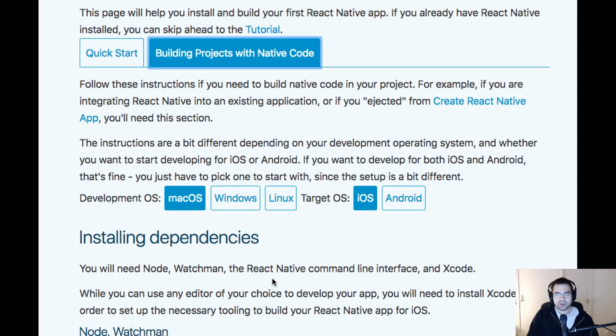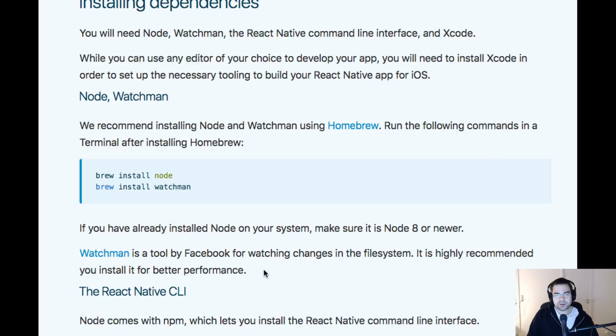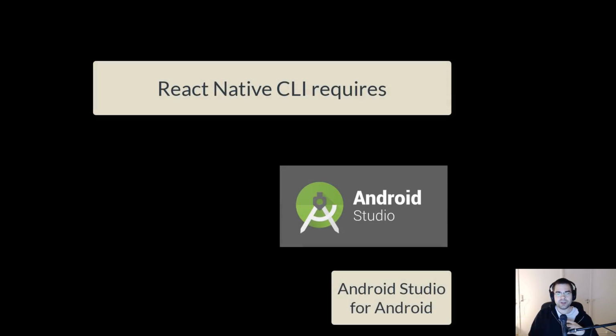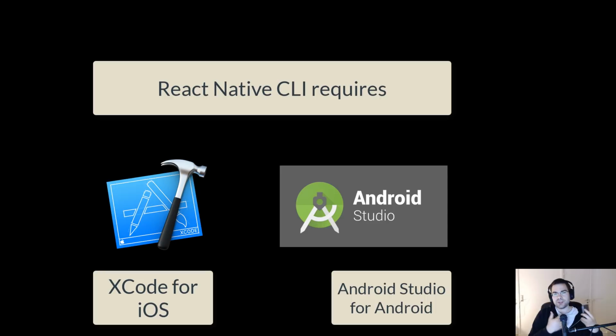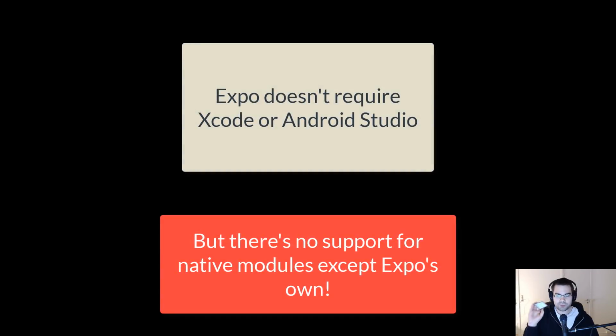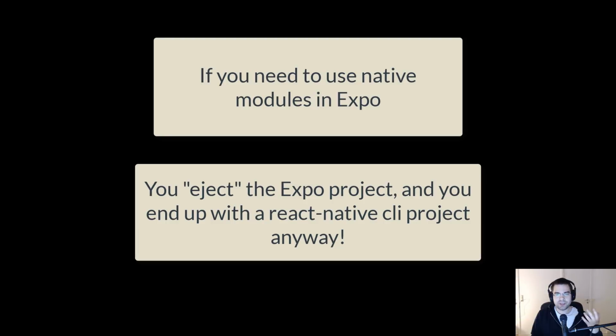And well, in here we need to install more things, and if you're developing for Android, you need to install Android Studio, and if you're developing for the iPhone, you need to install Xcode and so on, compared to if you're using Expo, you just need to install Expo and you can get running. But if you need to make some kind of a serious app, you need to eject your Expo app, as they call it, and make it into a React Native CLI app anyway.